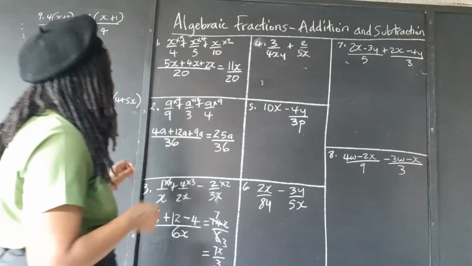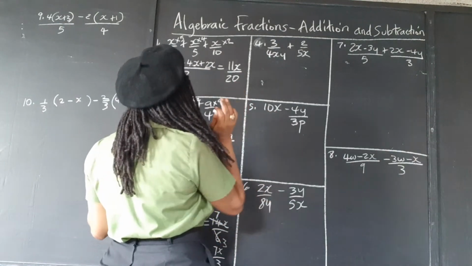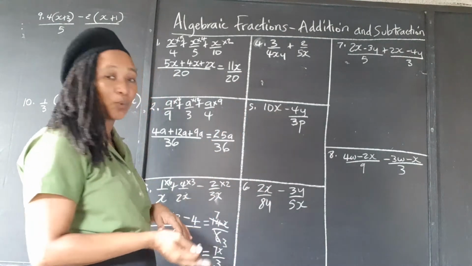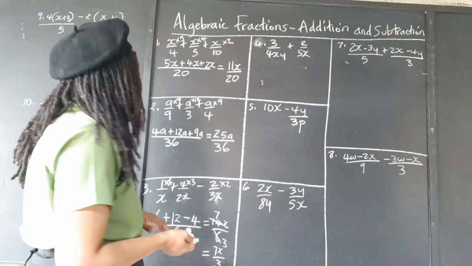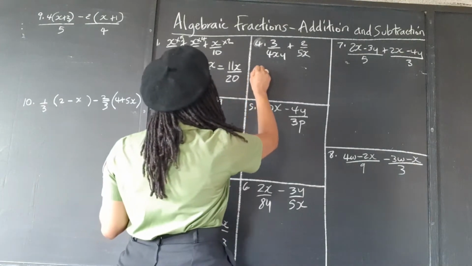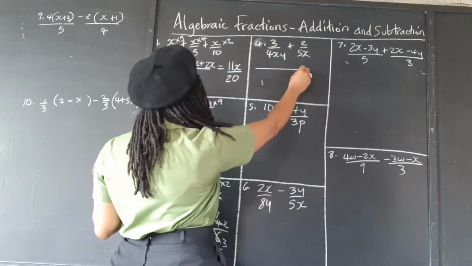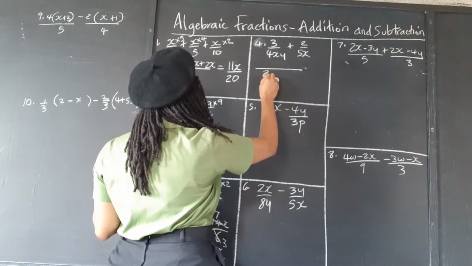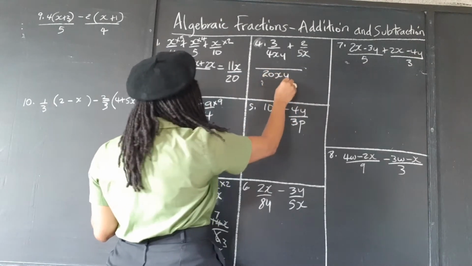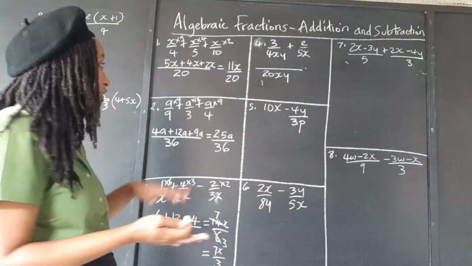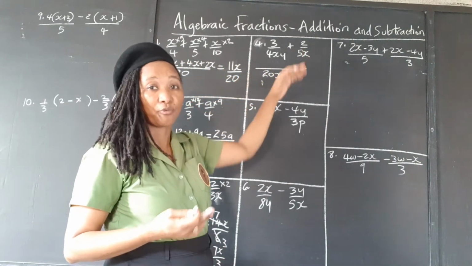Number 4. So in the denominator we have 4xy and we have 5x. So the LCM then is 20xy, because each variable has to be represented.